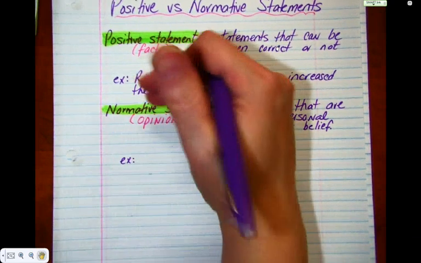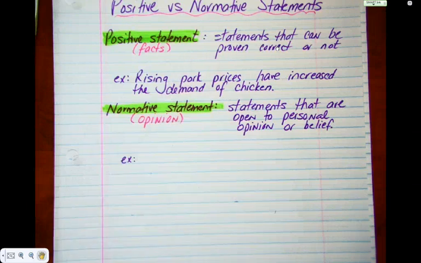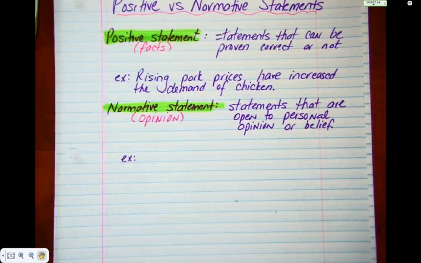No, I'm going to tie it back to the rising pork. So here's an example of the same kind of example as above, but a normative statement. Rising pork prices are bad for low-income families. Why is that a normative statement? It's my opinion, right? And how do you qualify bad? What does bad mean? That's someone's opinion.